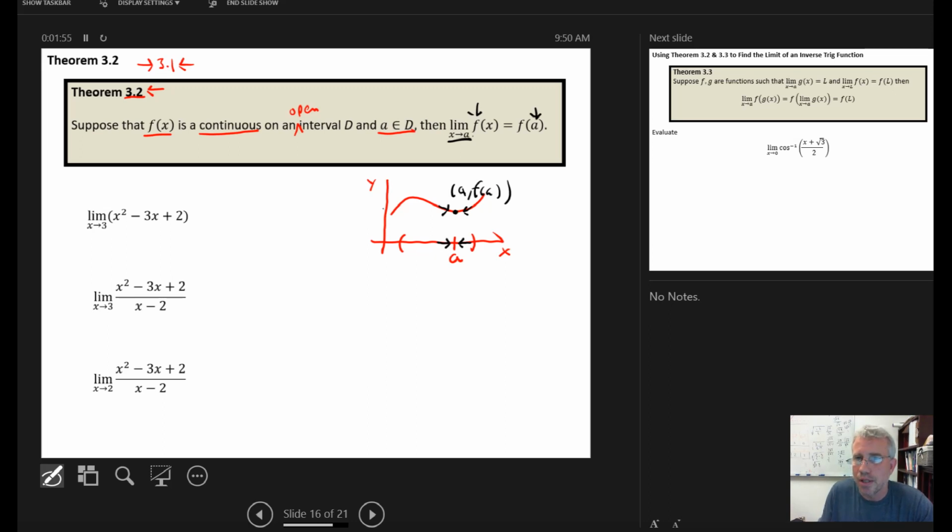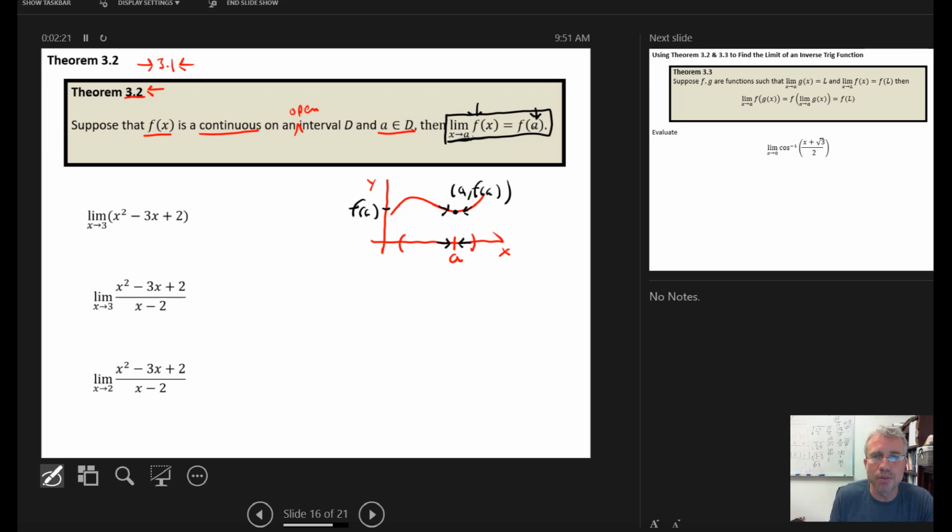And f of a is just going to be some real number on the y-axis. So the theorem is saying, hey, as long as the function's continuous, the limit and the function value at a are going to be the same thing. So you don't need to do anything other than just plug a into the function to find the limit.